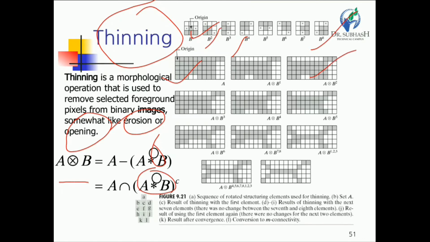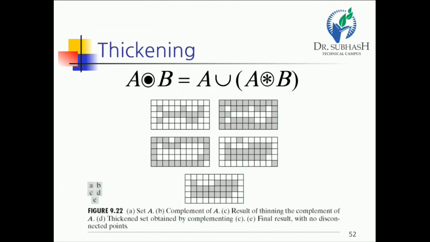In a similar way, figure J is the result of using the first element. Again there is no change for the next 2 elements, and the last one is result K, the result of convergence, and the conversion to m-connectivity can be represented in result I.